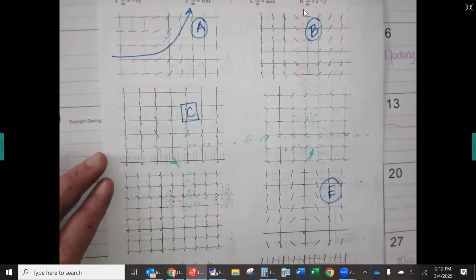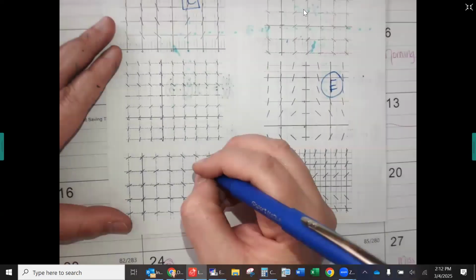Out of the two that look tricky, this one is clearly a wave and this one is clearly a wave. Remember, you can tell the difference if you plug in 0.